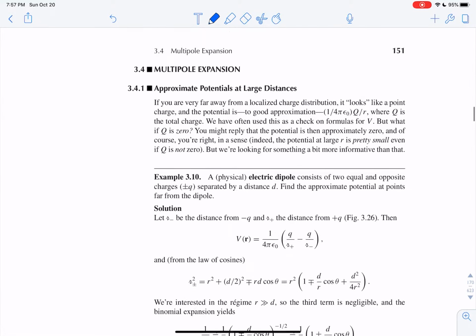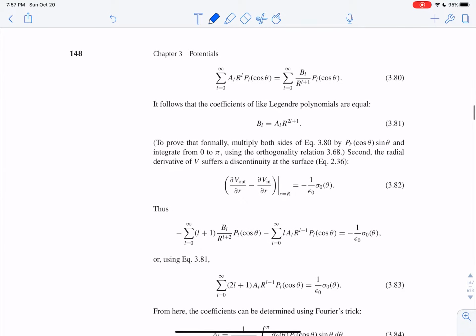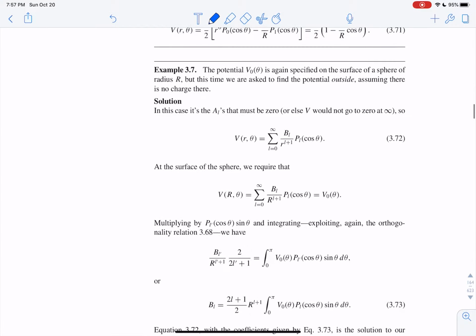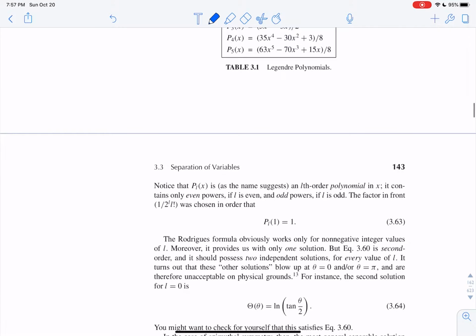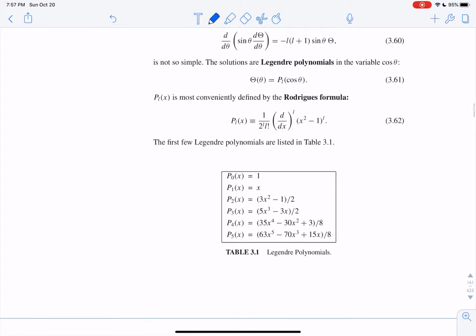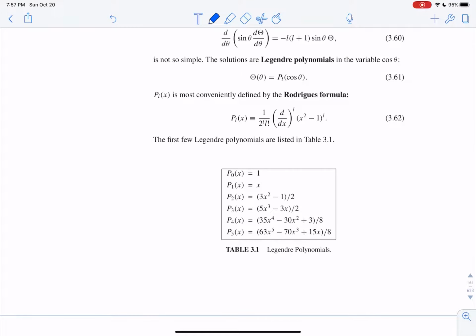We can go back up and look at the Legendre polynomials. I believe they are not too far back. Here you go. So these are Legendre polynomials, and P0 of x is 1, P1 is x, P2 is 3x squared minus 1 over 2. So P0 of cosine alpha is 1, and P1 of cosine alpha is x, or the argument.